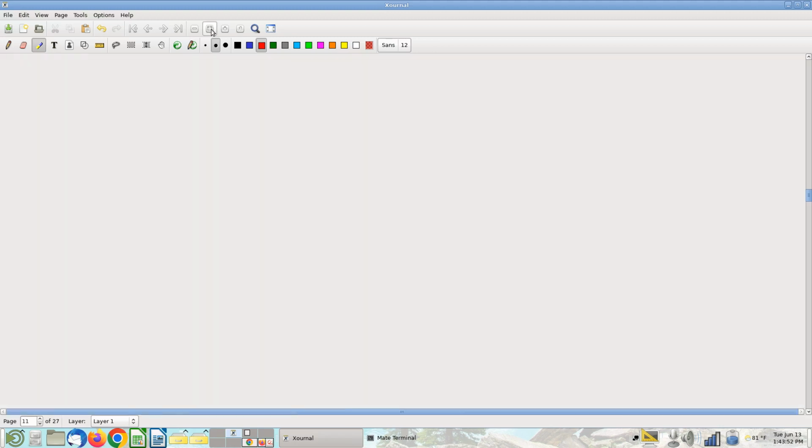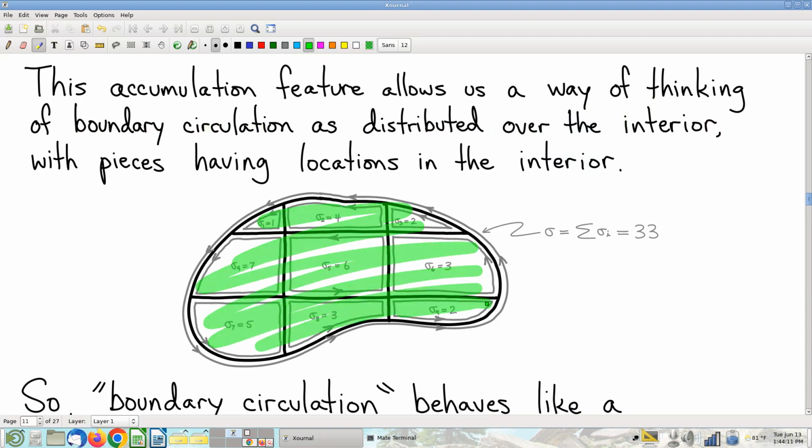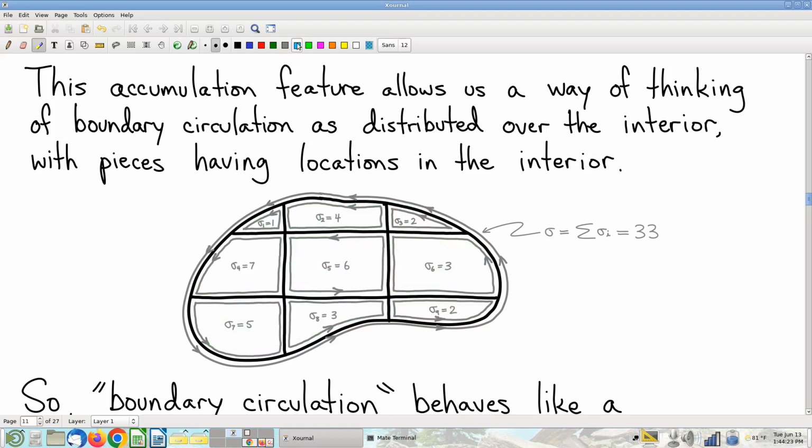Okay, now back to what we were saying before. I claim that we can think of boundary circulation as distributed over the interior. It's a weird thing to think of, but first let me talk about mass. If I said that there was a total amount of mass distributed across that region, maybe the total mass is 33, let's say. Related to that, I could ask, how much mass is there in this piece here?